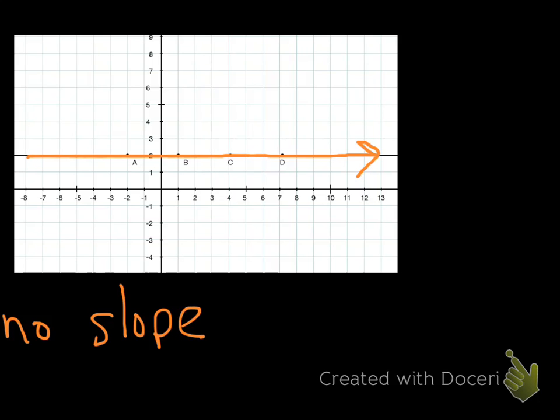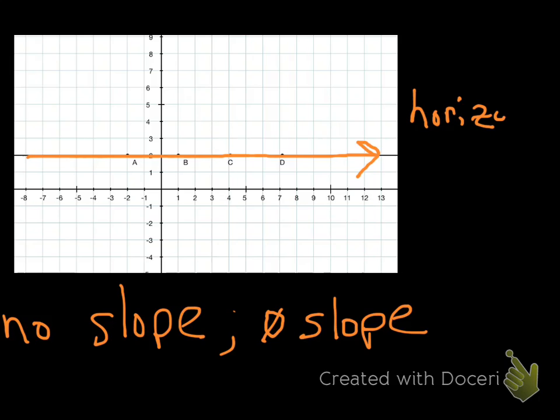If it had an incline, it would be going up, a positive, and if it had a decline, it would be going down, a negative. When it's not going up or down, this is no slope or zero slope. And this is horizontal.